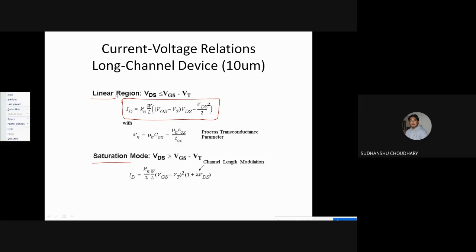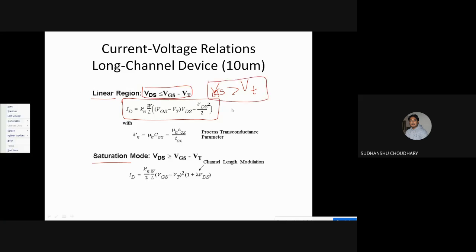In the linear region, VGS is greater than VT and VDS is less than VGS minus VT. So there are two conditions for the linear region: VGS should of course be greater than VT, otherwise you will not have a channel. The next condition is VDS should be less than VGS minus VT.